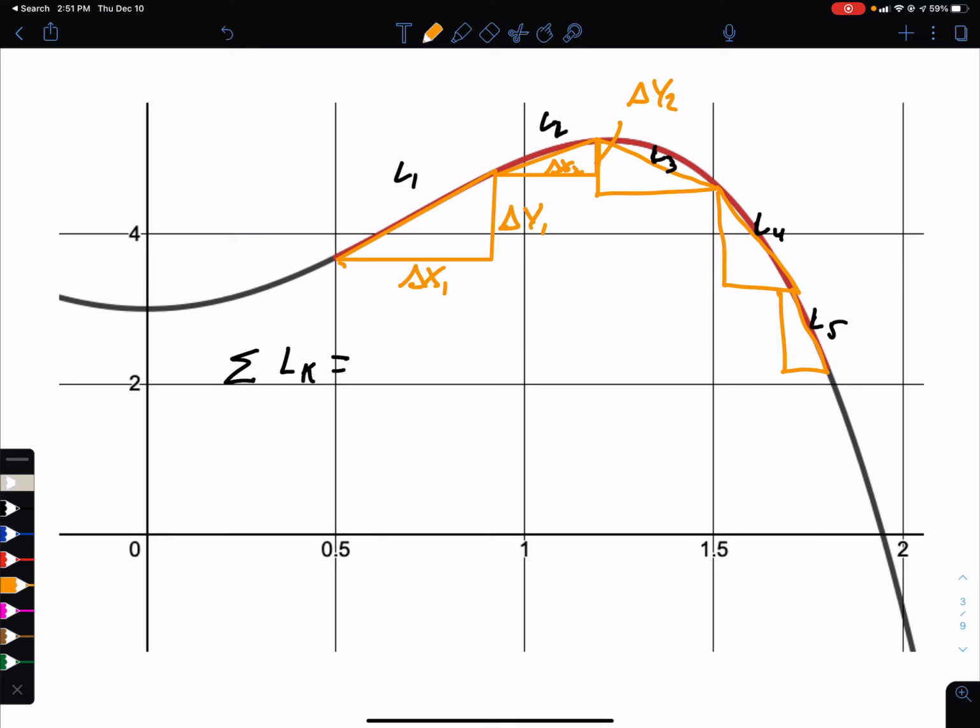So we use the Pythagorean theorem to find L1. Pythagorean theorem says delta x1 squared plus delta y1 squared. And then you keep on changing for each successive triangle. So I'm going to put a plus dot dot dot till you get to your last triangle.